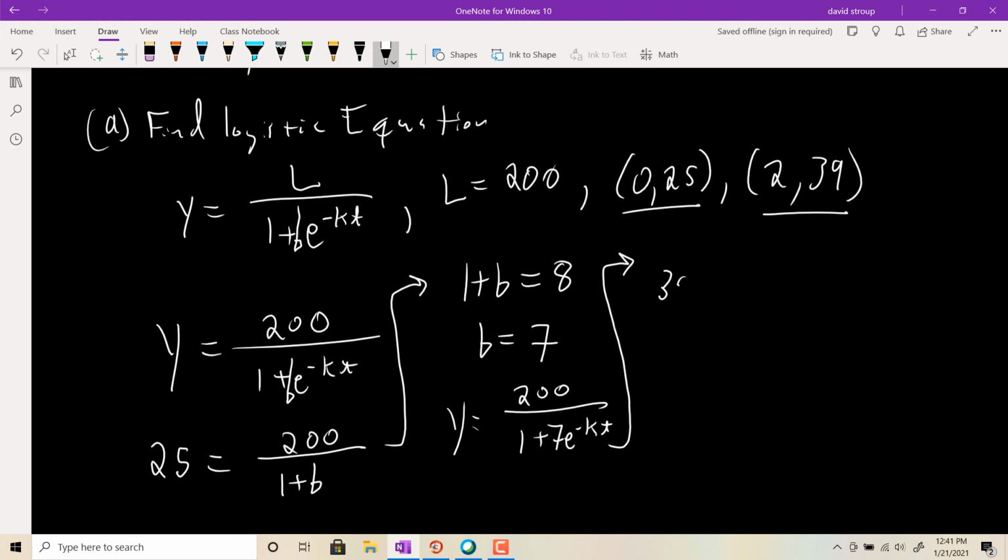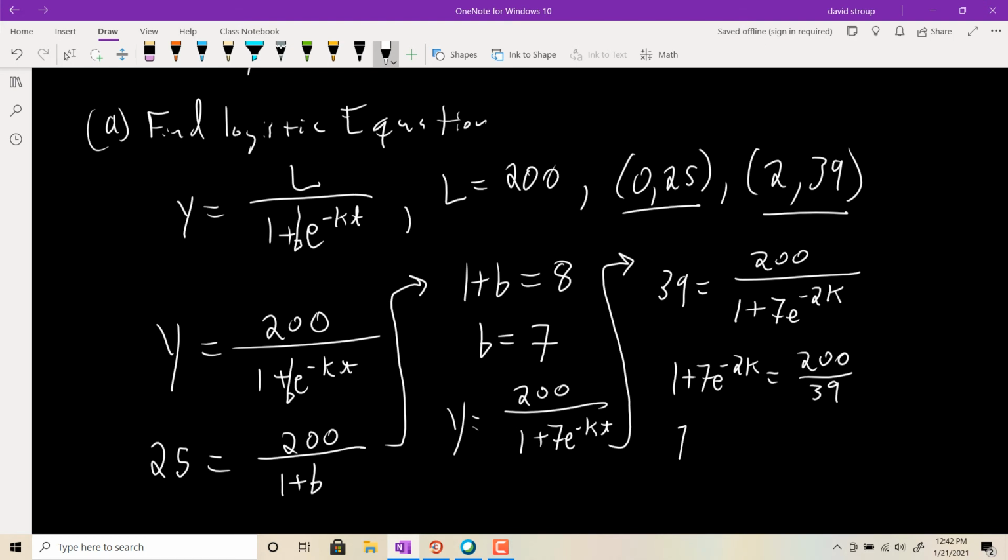So I have 39 equals 200 all over 1 plus 7 e to the negative 2k. Again, cross multiply. Move the 1 over.